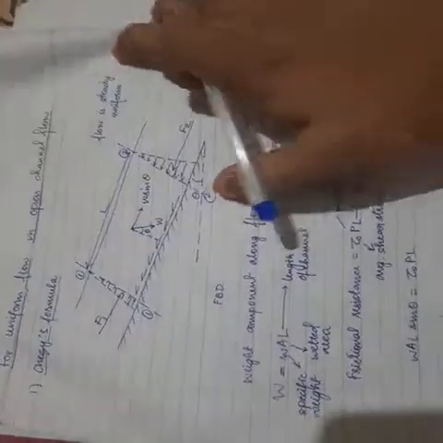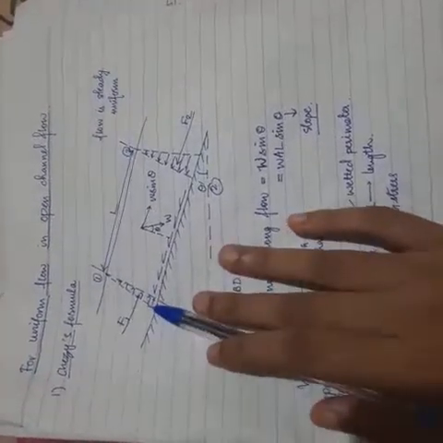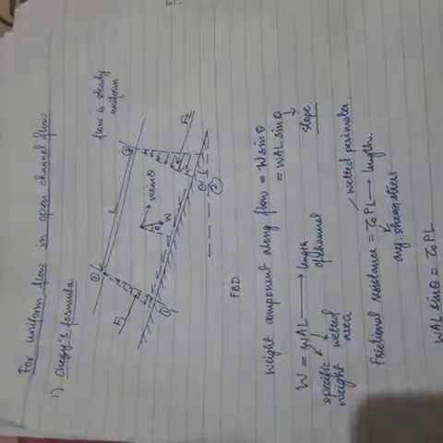Okay, so next let us come on to the topic of uniform flow in open channel, right? We have already discussed what uniform flow is. That is, during a flow when the parameters are constant, it is not changing with distance along the flow channel.